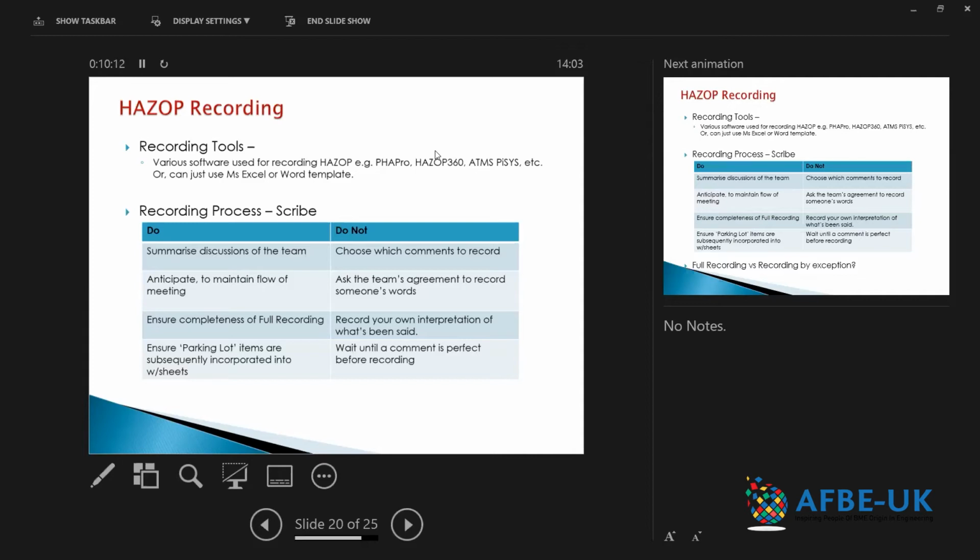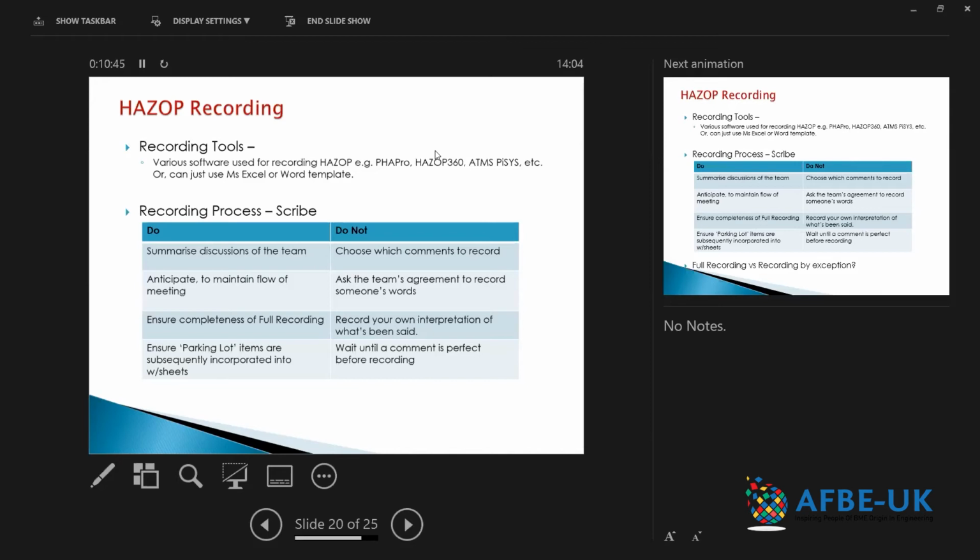It should be what is actually discussed and agreed during the HAZOP. And the scribe should not wait until a comment is perfect before recording. It's better to just record it and have the team or the person who has made the comment say, right, that's fine or not fine. But what is said or what is agreed is what should be recorded. So those are a few tips in terms of the recording process for the HAZOP.